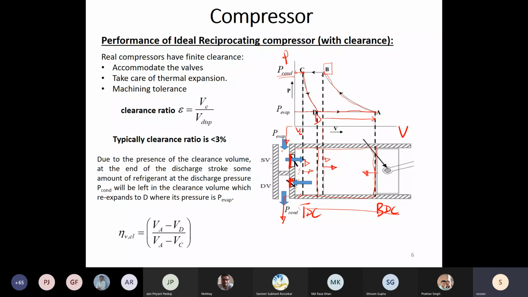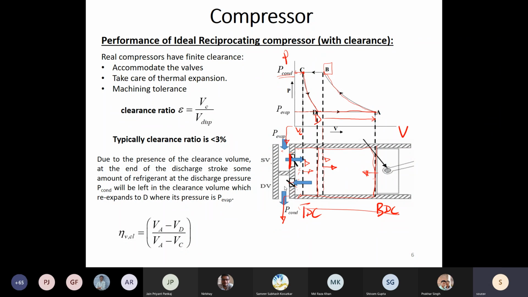Any further compression will lead to pressure going slightly above P condenser, and hence it will open this discharge valve. This flap will move up and the gas inside will escape and go to your condenser.